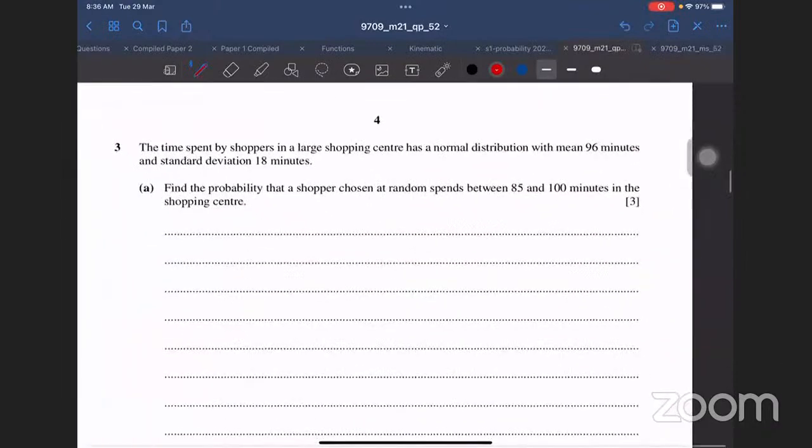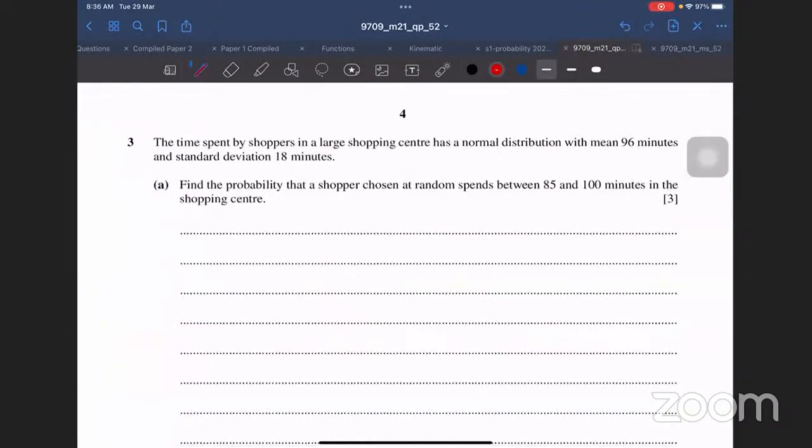Then question number 3 says the time spent by shoppers in a large center has a normal distribution with mean 96 and standard deviation 18. Find the probability that a randomly chosen shopper spends between 85 and 100 minutes. So I'm going to convert to Z on both sides.